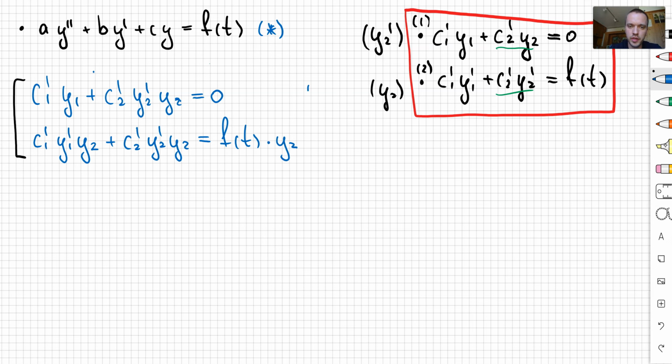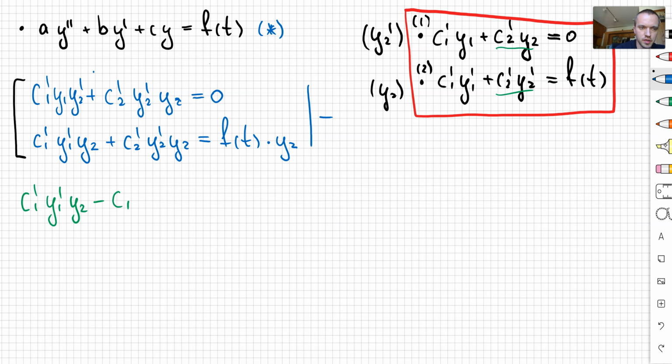And then I'm going to take these two equations and subtract the first equation from the second one. And what I'm going to obtain is c1 prime y1 prime y2 minus c1, oh, sorry, here I forgot to multiply by y2 prime. So let me fix that.